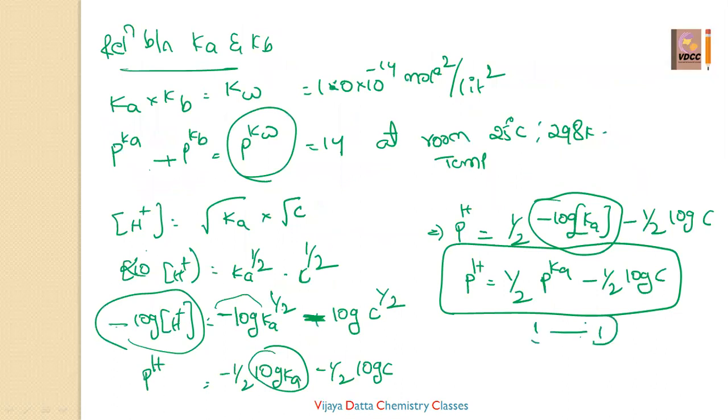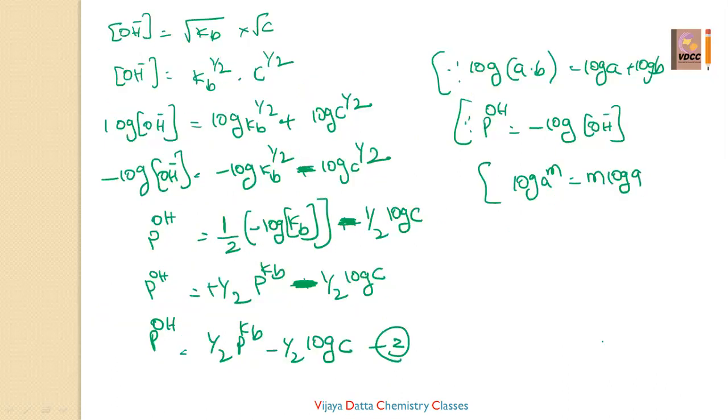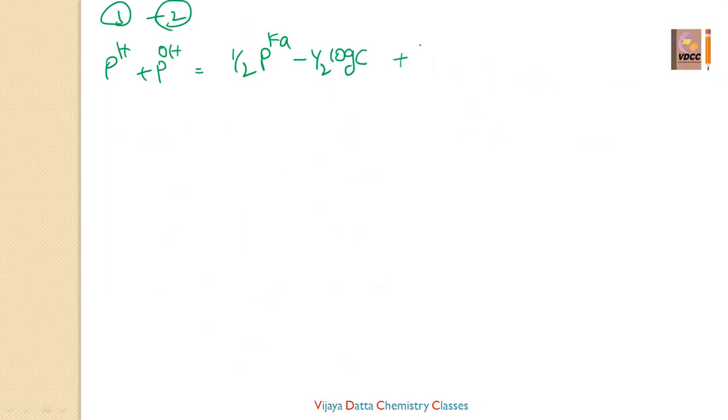I'll take 1 plus 2. 1 plus 2 is nothing but pH plus pOH. Then what is pH? I got half pKa minus half log C plus pOH, half pKb minus half log C, right?